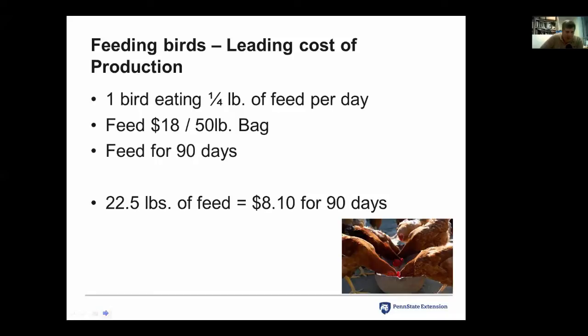So a bird that was eating a 1/4 pound of feed per day, and the feed was $18 for a 50-pound bag of feed. In those 90 days, that bird would cost me $8.10 to keep that bird in the flock. And so this is a decision point that you would have to make to figure out if indeed is it worth keeping a bird for $8.10 every 90 days.